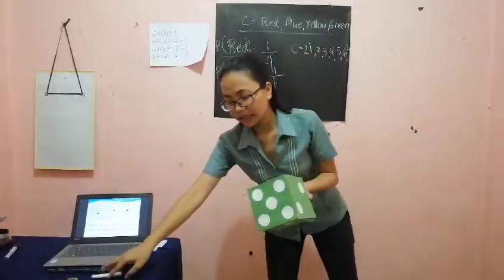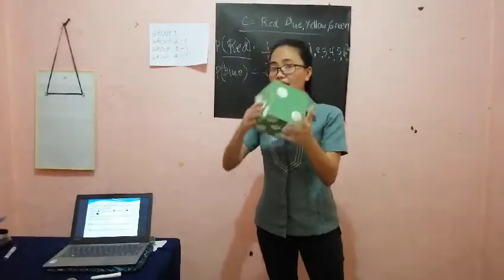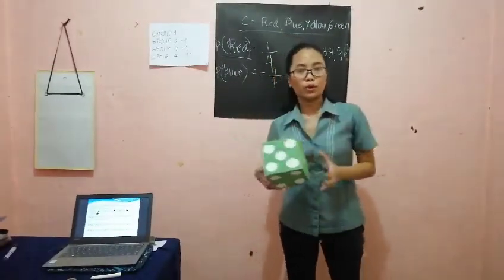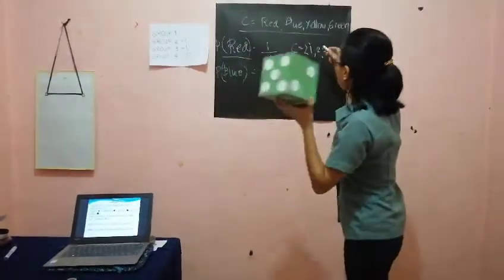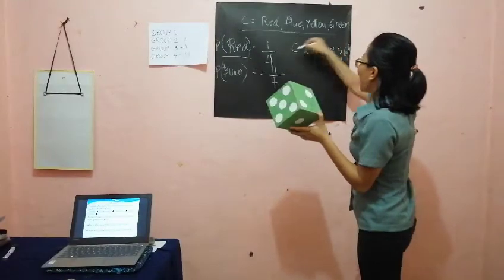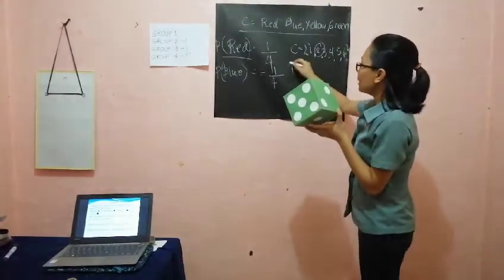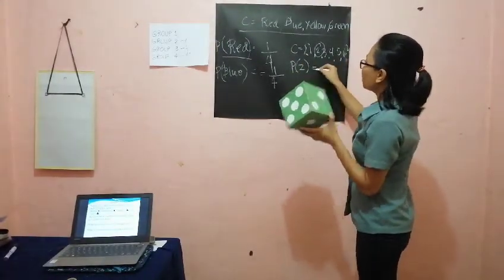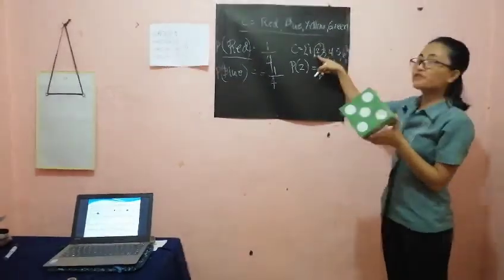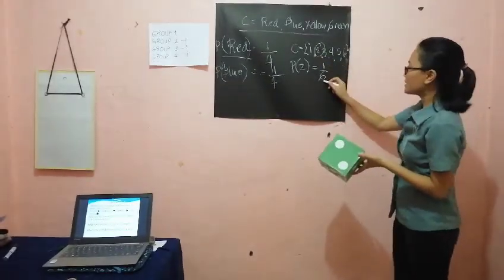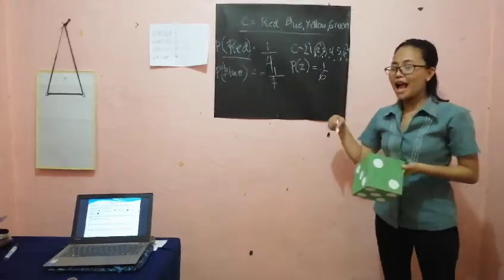What is the probability that if I roll this die, number 2 will occur? Okay, correct. Since there is only one 2 in our sample space, the probability of 2 is equal to 1 over 6, wherein 1 is the number of chances that 2 will occur and 6 is the number of possible outcomes.